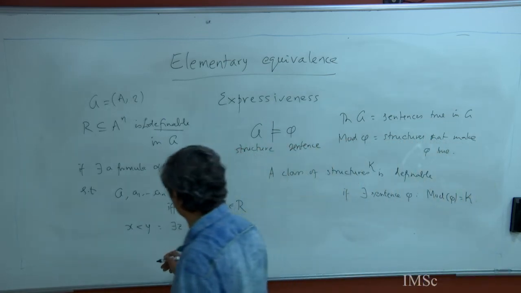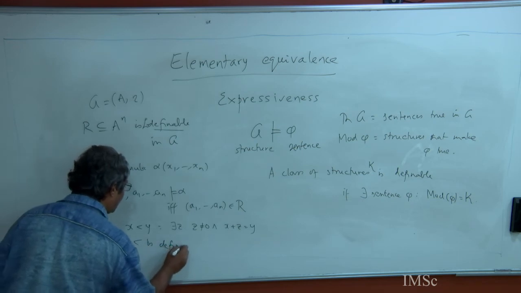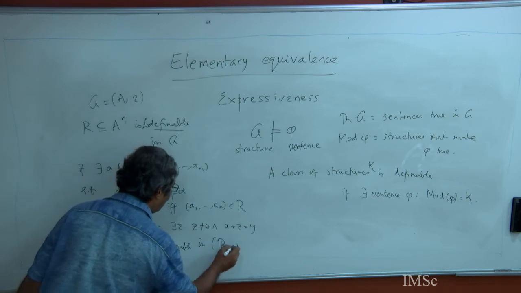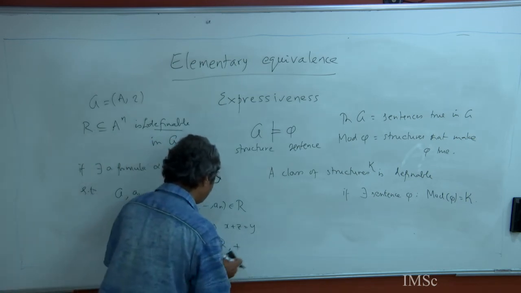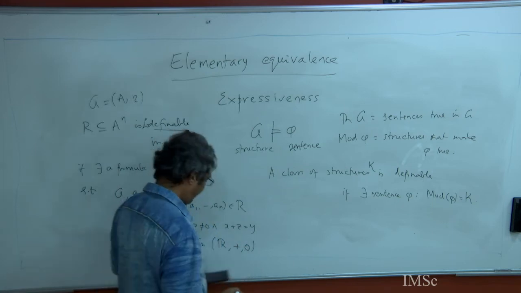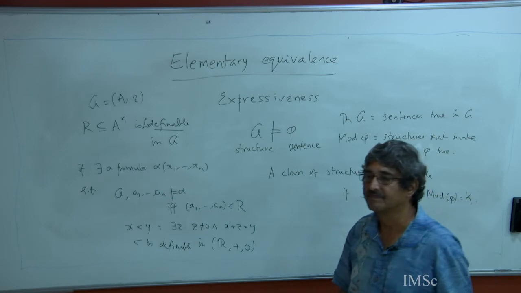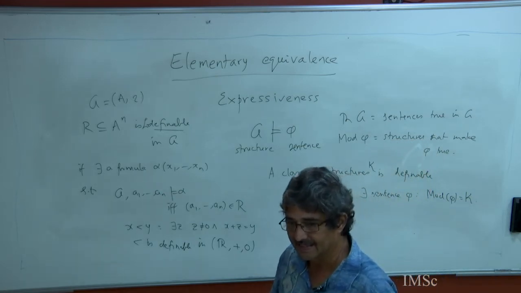So when I say the ordering relation is definable in the structure R with plus and 0. Anything else? Is this clear?